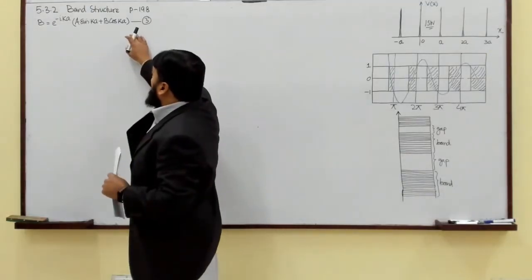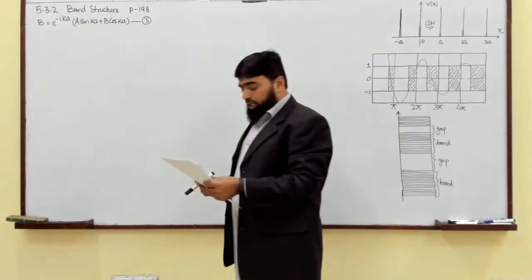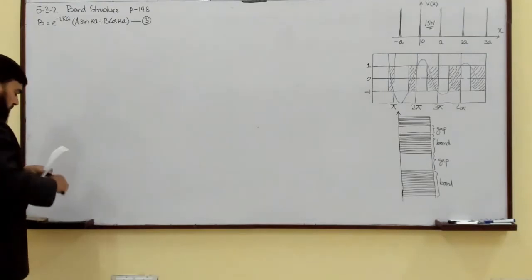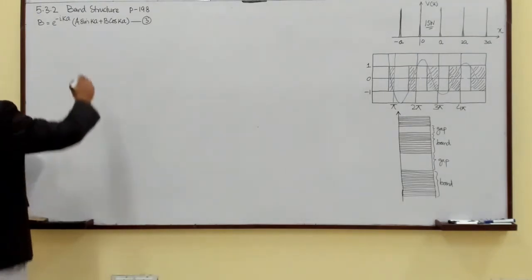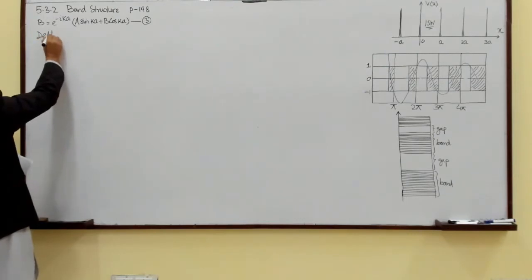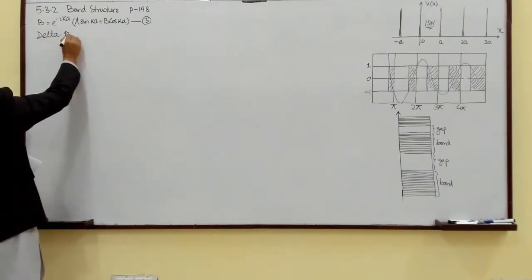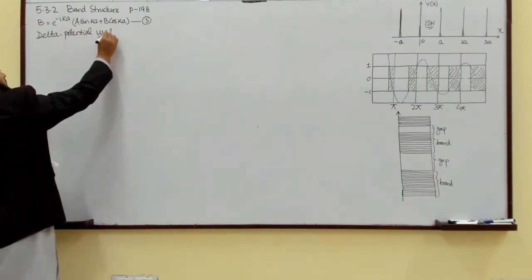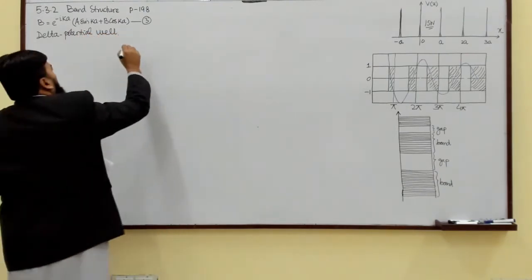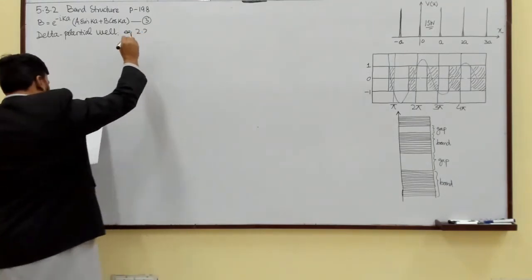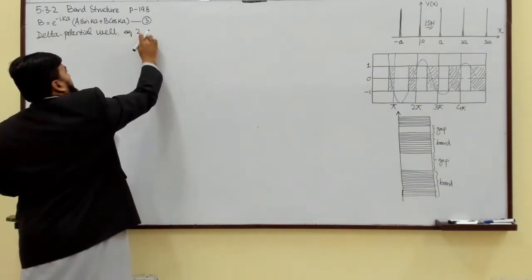So I just copied equation 3 here, and now you remember from your calculations which we did for the delta potential, we calculated in equation 2.125.